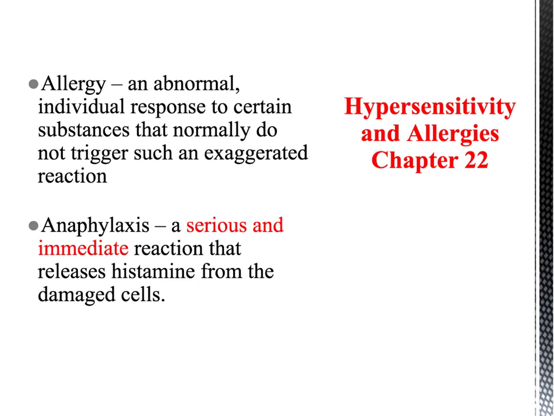It's usually things that are typically okay for the human body, but for whatever reason, some individuals have an exaggerated response to something. A good example of that is peanuts. The majority of people can eat a peanut, be near a peanut, and be just fine. But as you know, there are some people who have a terrible, excessive inflammatory response to the presence of a peanut, of a tree nut, or something like that.